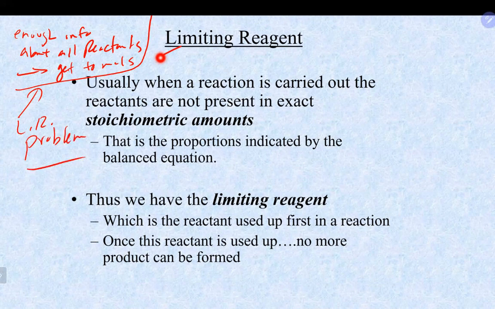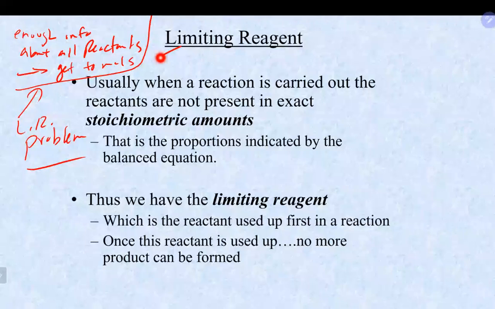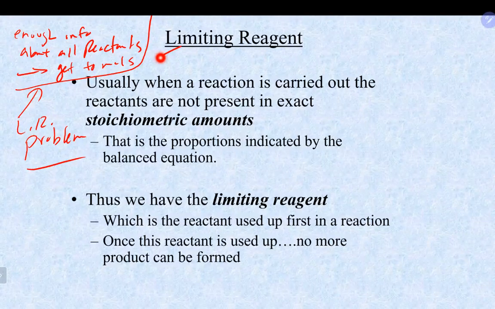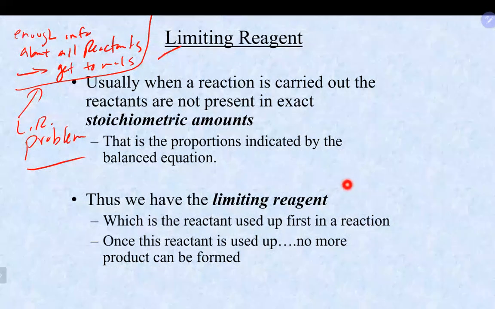So if you're given information in a problem about both reactants, or maybe all the reactants, and you're able to convert that information into moles without anything else defined, it definitely is a limiting reagent problem, and you need to take that extra step to determine which one's the limiting reagent.